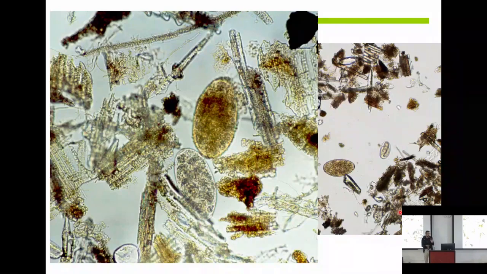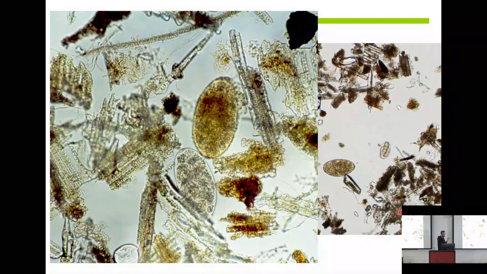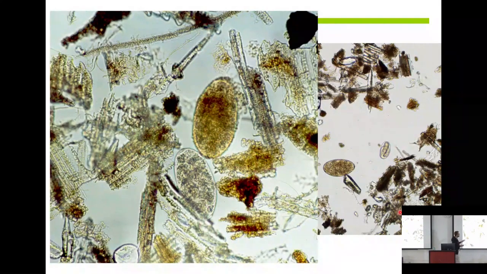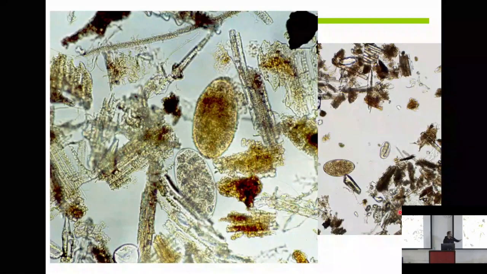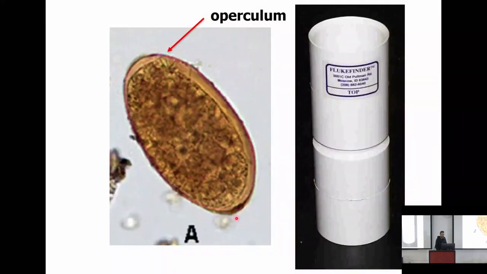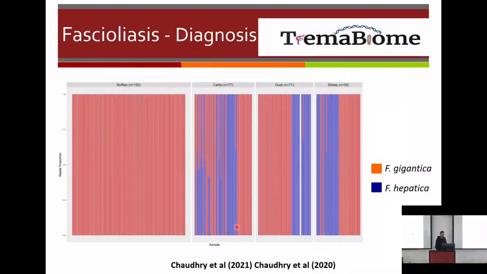So what you're going to see tomorrow, if you have eggs in the feces and you perform the sedimentation, you will see these types of eggs. They will be in the feces. These are the fluke eggs. Here you will see a much bigger operculum. Okay, so now you have eggs.